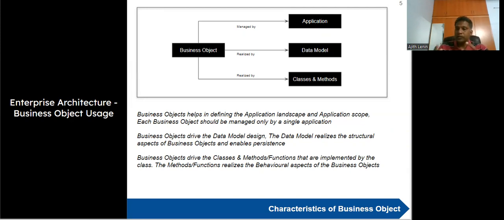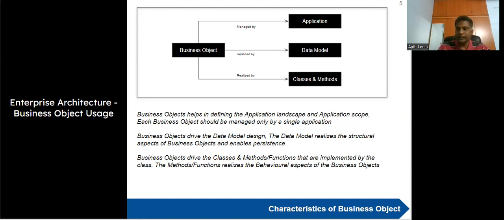That helps us define the scope of an application. Typically, we would like to have a single application manage the business object as a whole. That way, there is a single governance source for the business object, and we get to implement the structural aspects as well as the behavior related to that business object in the same application. This is very important.